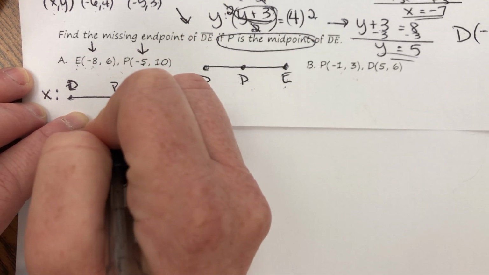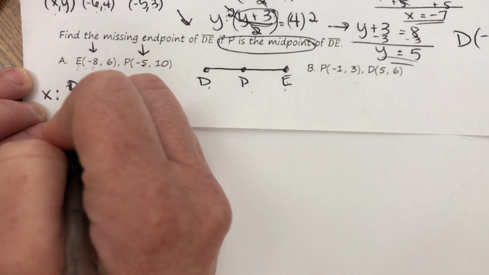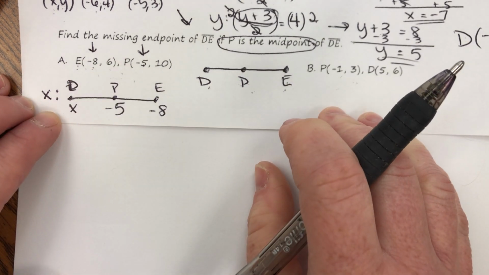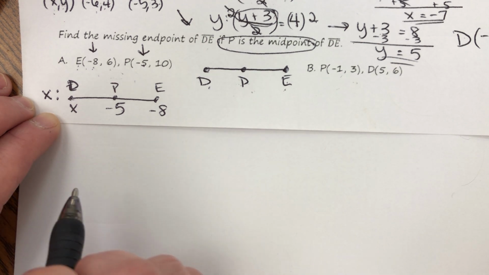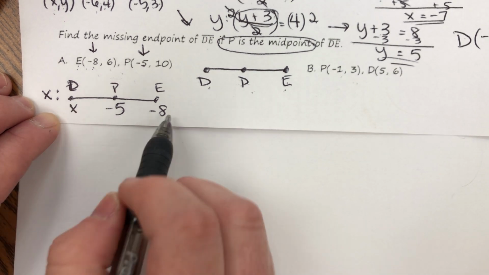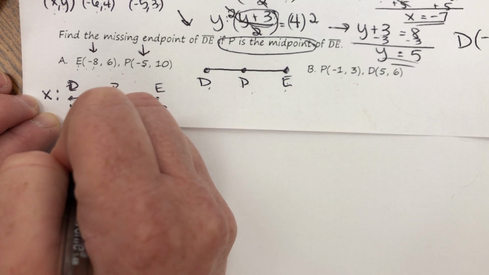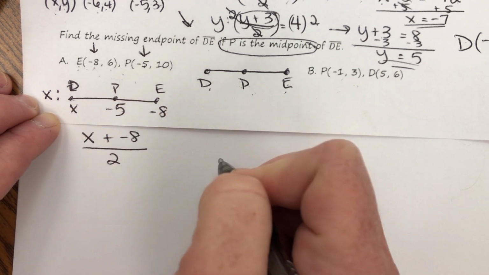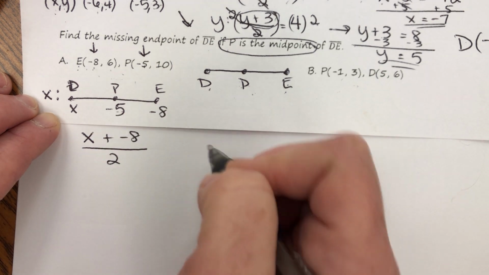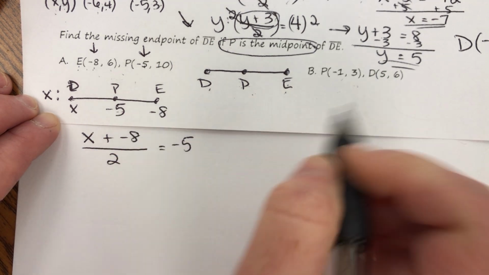For P, my x value is -5. So I'm looking for the x value for D. To find that, midpoint formula, add your x's together, divide by 2, right? In this case, I'm going to add x plus -8, divide by 2, and I know the answer is my midpoint, which is -5.